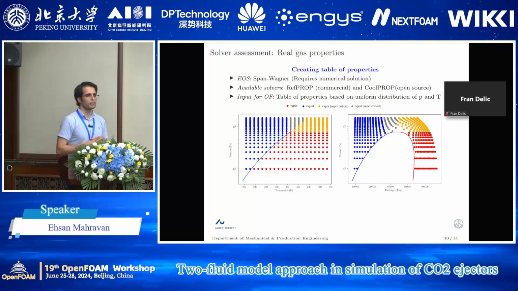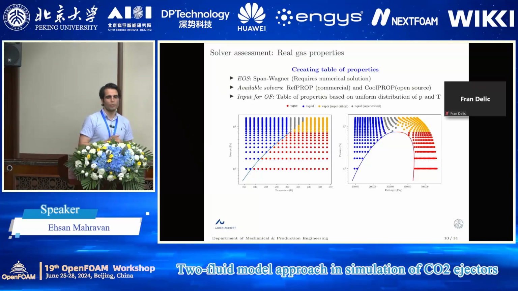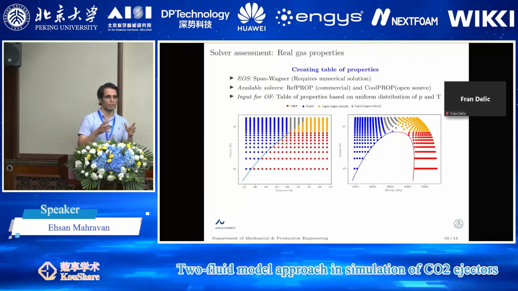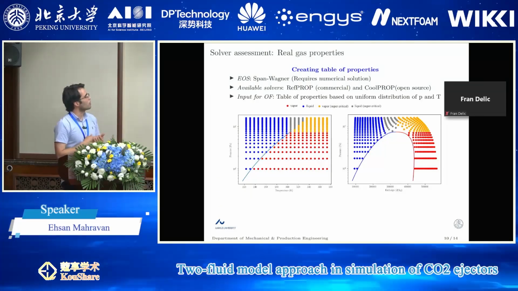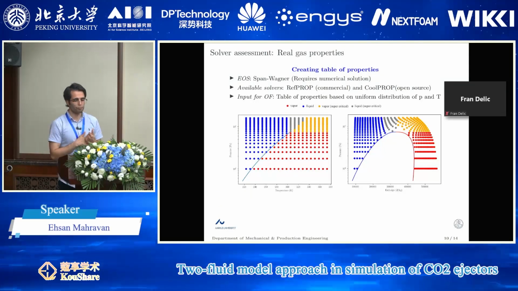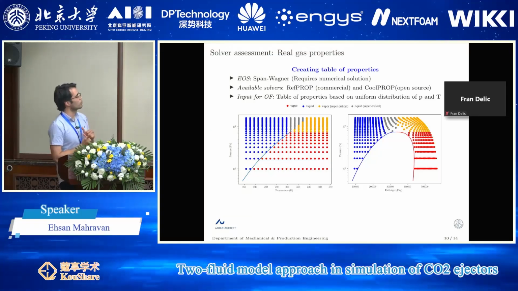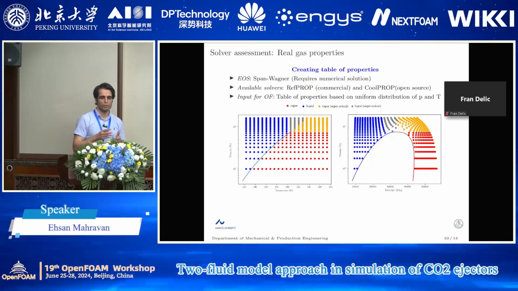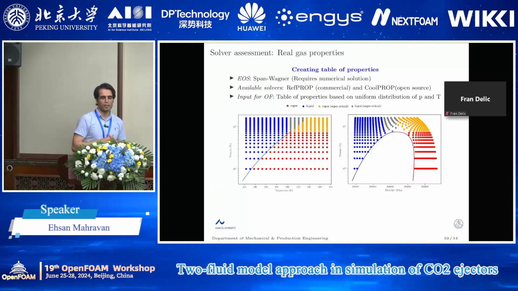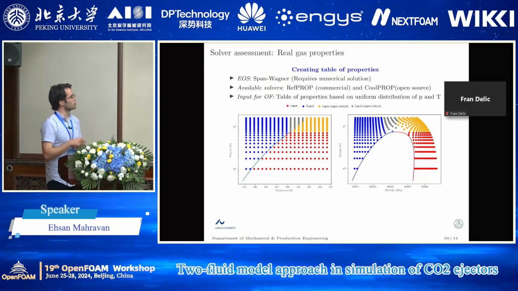So it's not feasible to solve this during a CFD simulation, which is why we create a table of properties. This is a common approach in the literature. Though two solvers are available, REFPROP and CoolProp. So we take the properties from these two sources. Of these two, we are using CoolProp, but both are common. And we create a table of properties based on pressure and temperature.